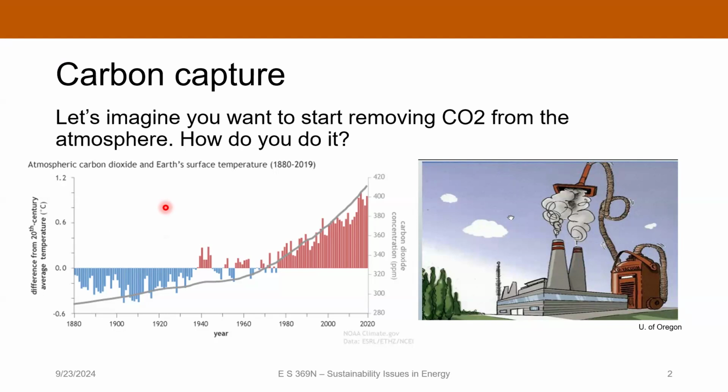So part of the solution for net zero carbon emissions has to include some means of either removing the CO2 that's already in the atmosphere or preventing the release of that CO2 to begin with. And those are kind of two different technologies that we can look at. But you can really think of it as if you can build a giant vacuum that sucks up all the carbon dioxide, then that's kind of the system we're going for here.